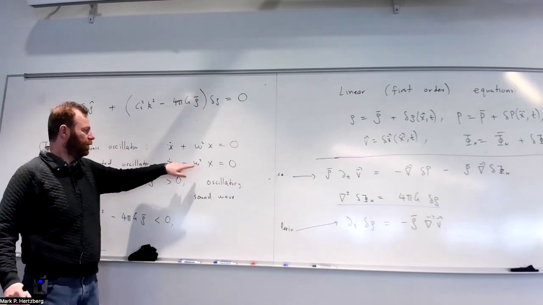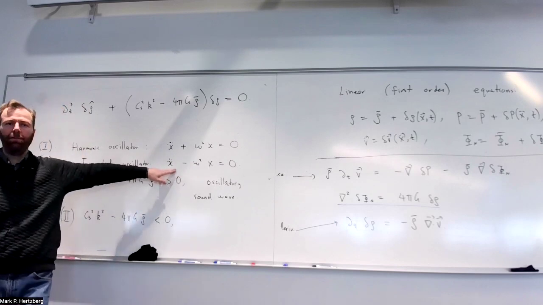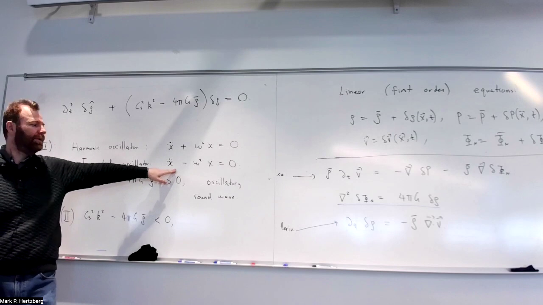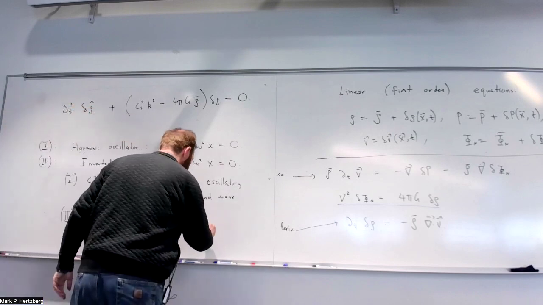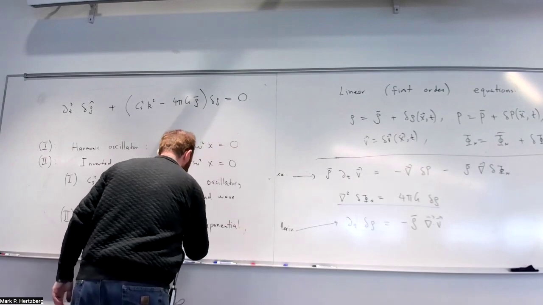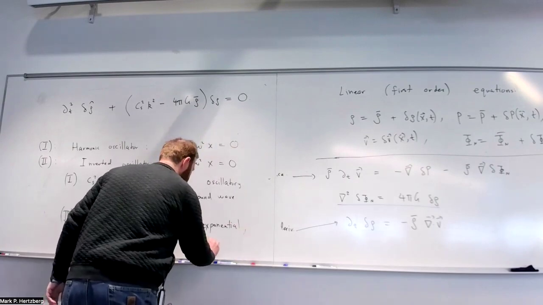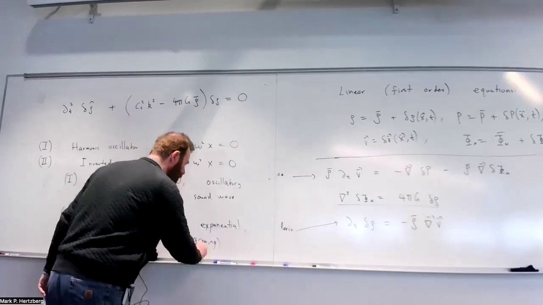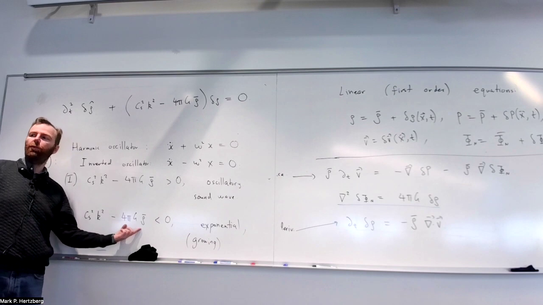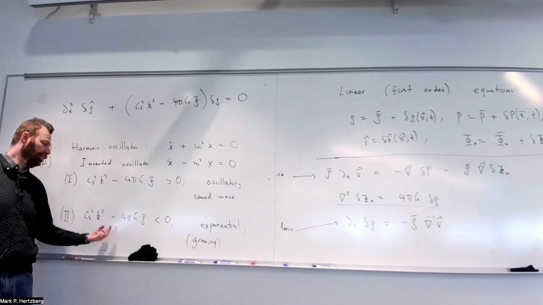So what kind of solutions do we have for this equation? Some kind of growing solutions, but specifically, what do we have? Exponential. Yes, exponential growing solutions. And this is the opposite limit, where gravity plays a bigger role than pressure.